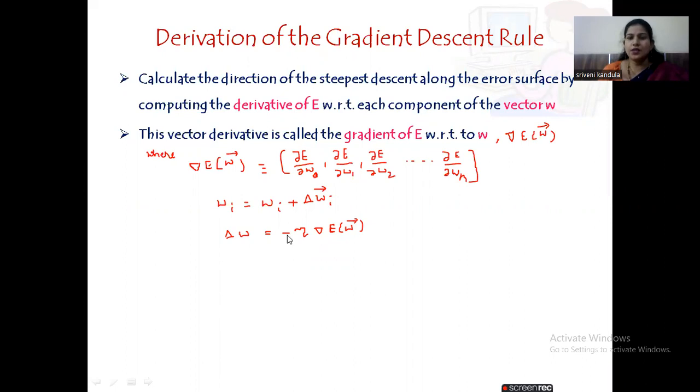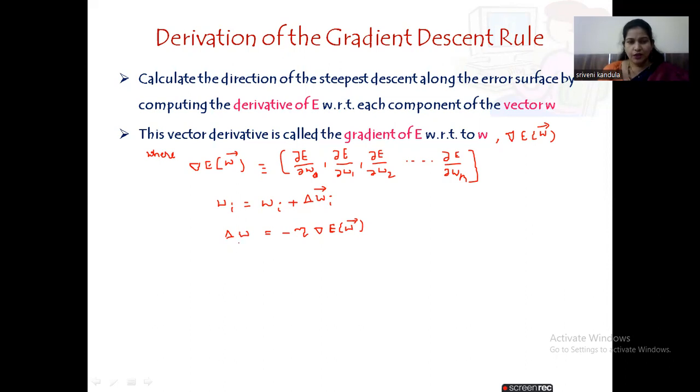You can see we take a negative sign because we want gradient descent. If we took a positive sign, it would give us gradient ascent. But I want a minimization problem, so we take the minus sign to follow the steepest descent.